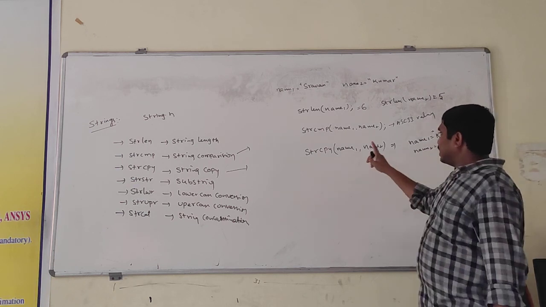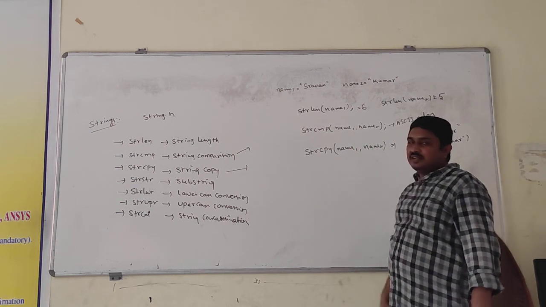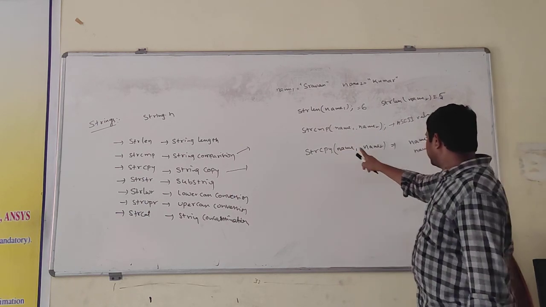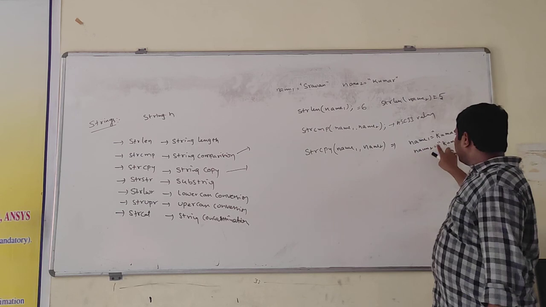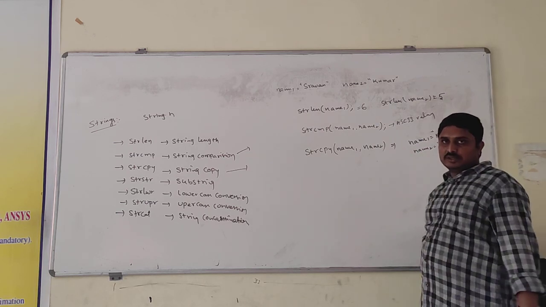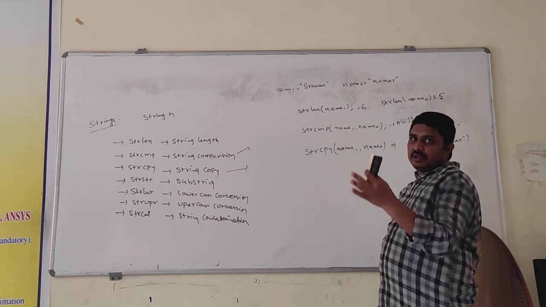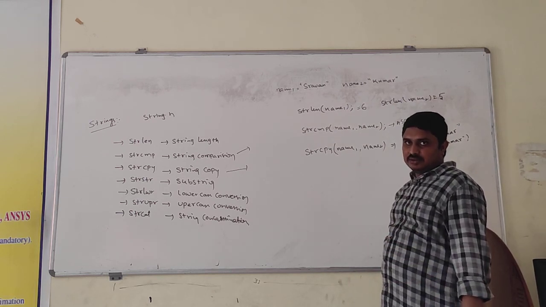That means it copies the second string into the first string. So the second string name 2 is copied into the name 1. So name 1 also Kumar and name 2 also Kumar. Okay. The strcpy copies the second string into the first string.